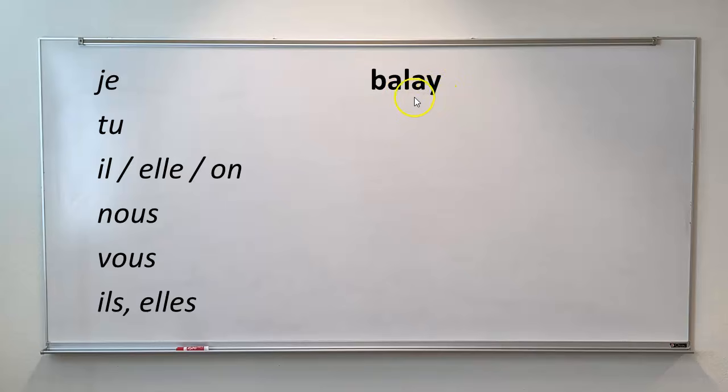I've removed the ER, and I'm left with the root or the stem. Remember, root or stem means the same thing here. At this point, all we have to do is add the ending for je, which is E. So I have je balaye, and that means I sweep. Remember, it can also mean I do sweep or I am sweeping, just depending on the context.